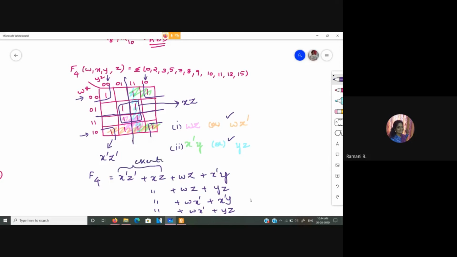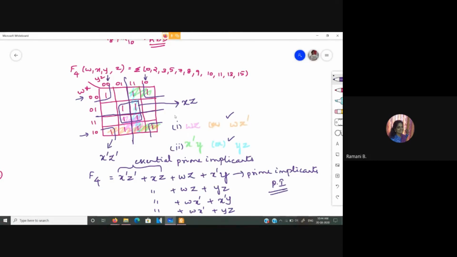Okay, so these two terms we call essential prime implicants. These are normal prime implicants, that is, any and terms. So we will mention them as PI.